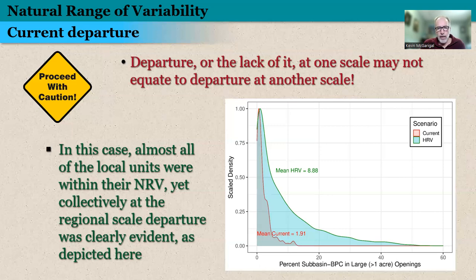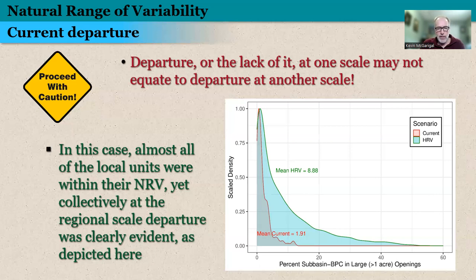So the figure on the right shows what it looks like when we combine the values for the local units across the broader regional landscape. And we have two distributions here. The current distribution is given by the red line in the area under the red curve. That is the distribution of this particular metric, which happens to be the percent of the area in these large greater than 1 acre openings.